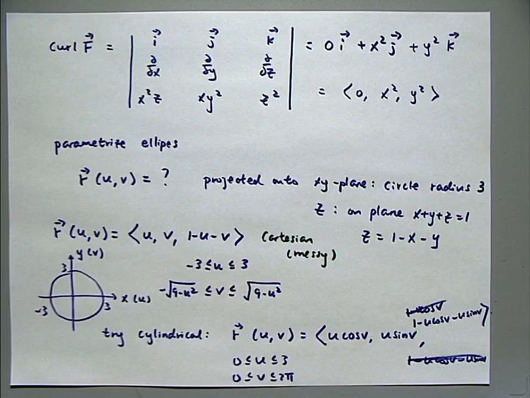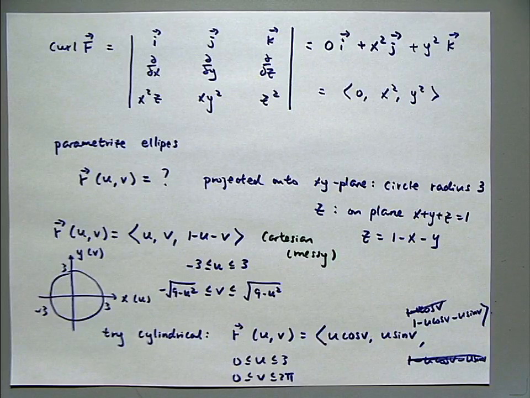So it looks pretty bad initially, but look at this. These two guys go away, and what do these add up to be? Just u, right? In the end, this is just u. So not so bad. Let's go to the j component.